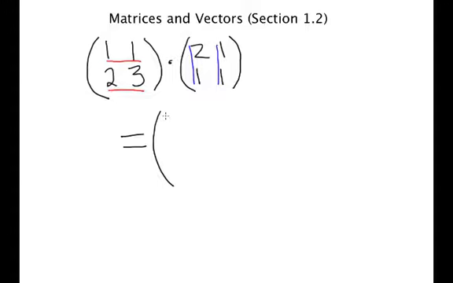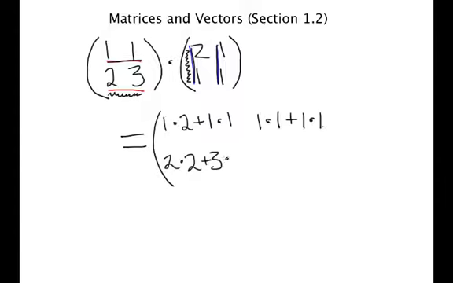So the first one is the first row dotted with the first column, which is to say 1 times 2 plus 1 times 1. And then you do the first row dotted with the second column, which is to say 1 times 1 plus 1 times 1. And now you go to the second row dotted with the first column, which gives 2 times 2 plus 3 times 1.